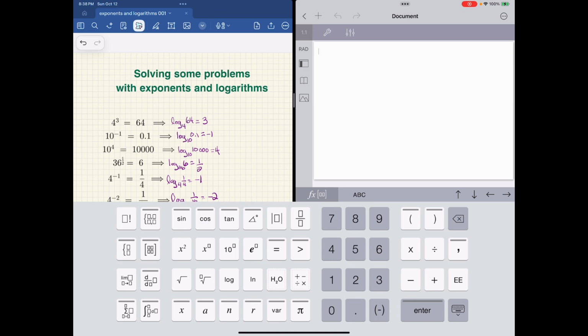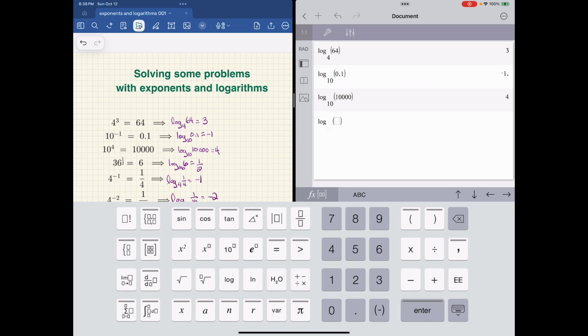We will first look at log base 4 of 64 and be sure it in fact equals 3, and it does. Then we will look at log base 10 of 0.1, and we see that it does indeed equal -1. Then we will look at log base 10 of 10,000 and see that it does indeed equal 4.